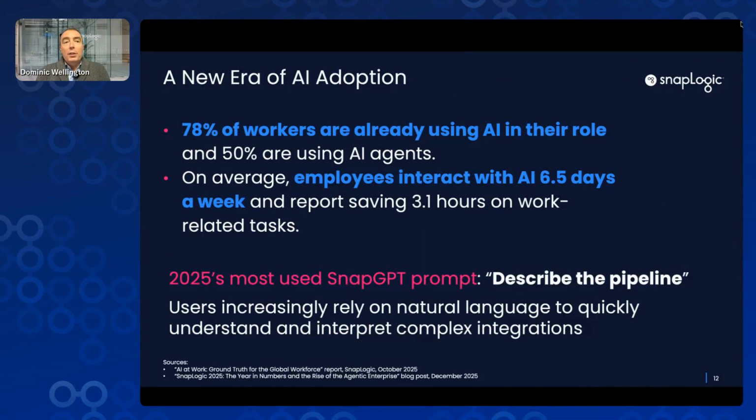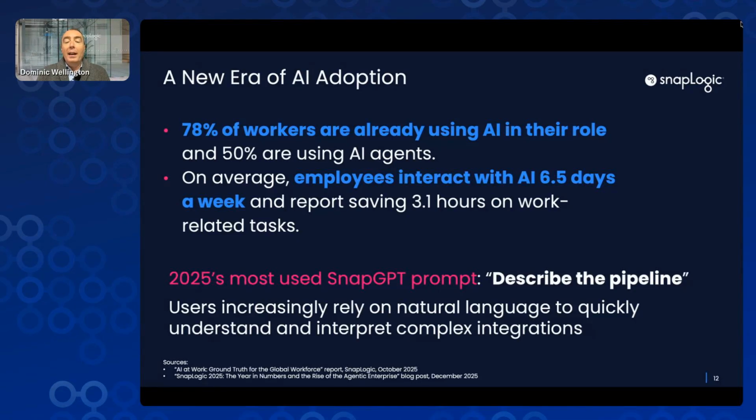And this fits in with the way people are adopting AI capabilities already. We at SnapLogic ran a survey towards the end of last year, and we found that 78% of workers are already using AI in their role. 50% are even already using AI agents. So this survey may be somewhat biased towards a population of SnapLogic users who are perhaps early adopters of these sorts of capabilities, but they are seeing results already.